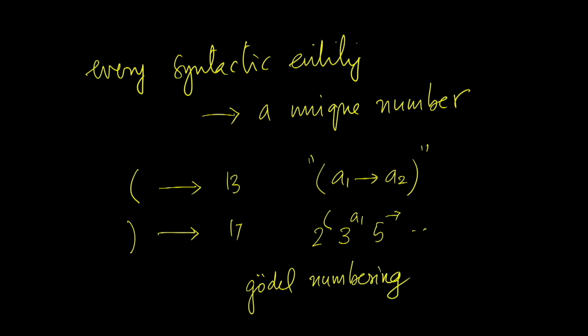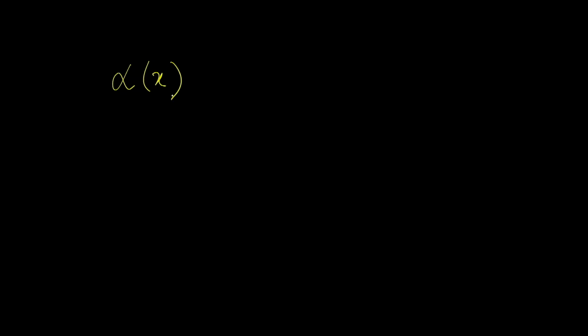Once the syntactic entities are encoded into numbers, you can treat numbers as syntactic entities. And then when you look at the statements within the system, we find that we have well-formed formulae with free variables. In particular, if I look at a well-formed formula alpha with one free variable x, it seems to be saying something about x. The statement could be something like this: x plus 1 equal to 5.